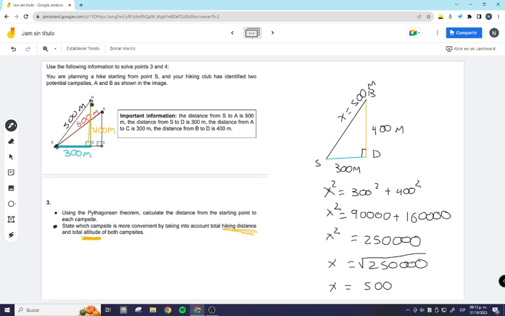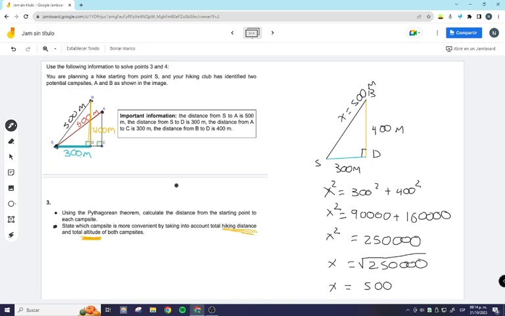This one is higher. From S to B is higher than from S to A. Yeah, it's the same hiking distance, but one is more inclined than the other. So you can either say that A is more convenient because you take the same distance, but you hike less, so you don't get so tired.